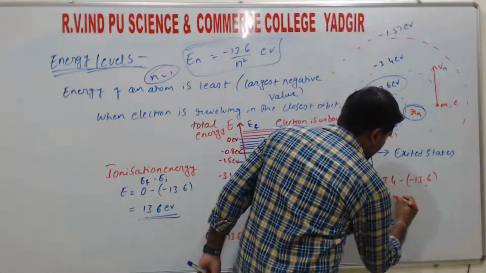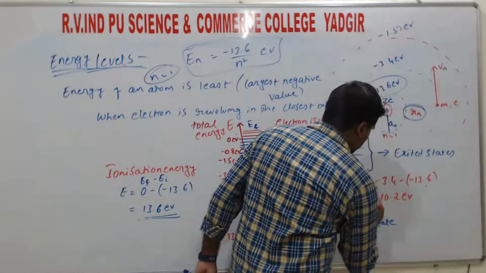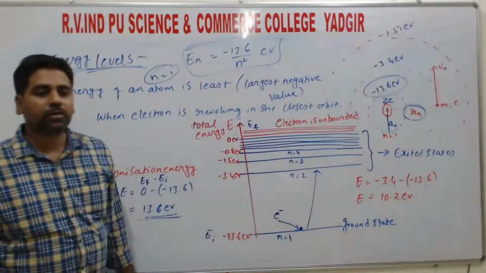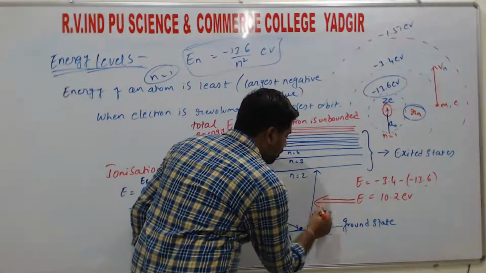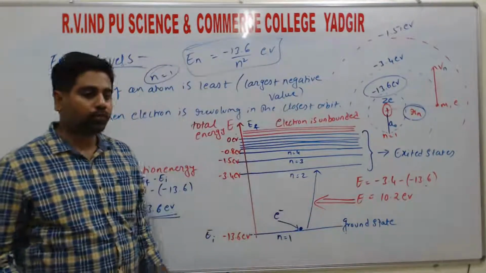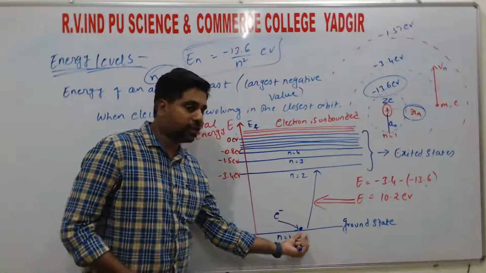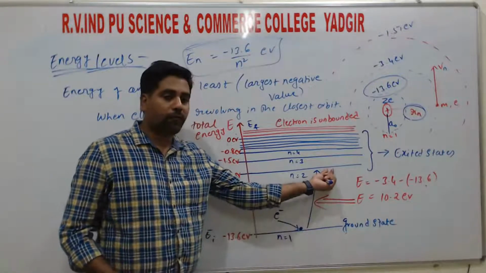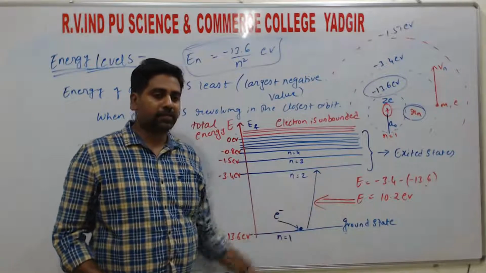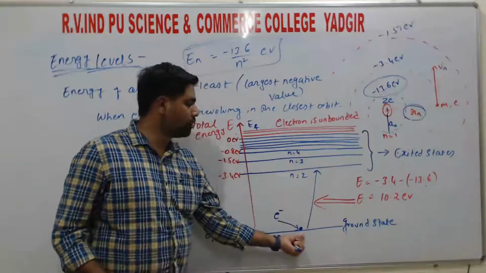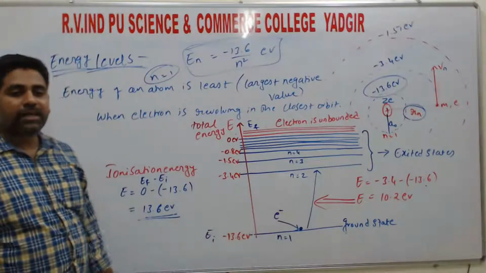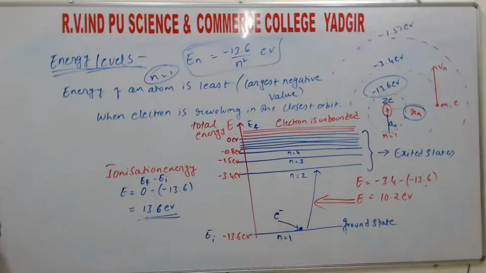Then we get 10.2 electron volt. Right? So this much energy is needed for the electron to shift from the ground state to the first excited state. Without energy, the atom will not jump from the ground state to the excited state, right?